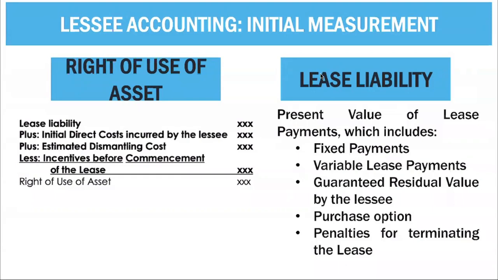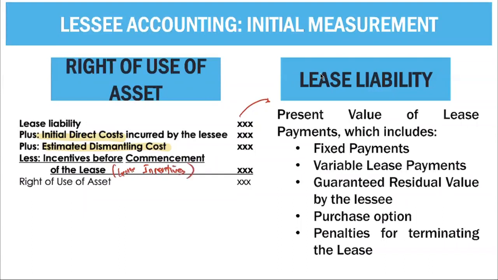First is your lease liability. Later, we will discuss what items are inside that lease liability. Plus initial direct costs, plus estimated dismantling costs, less incentives before commencement of the lease, which you know as lease incentives.